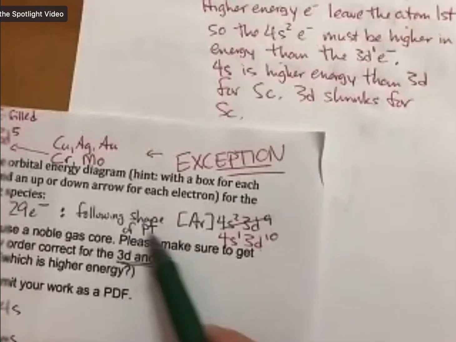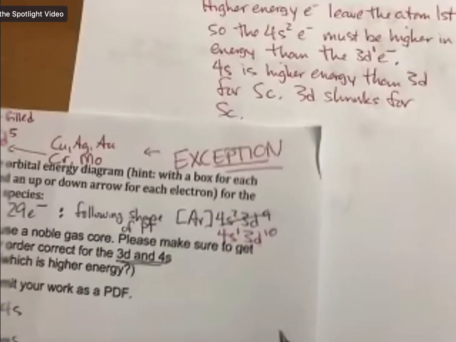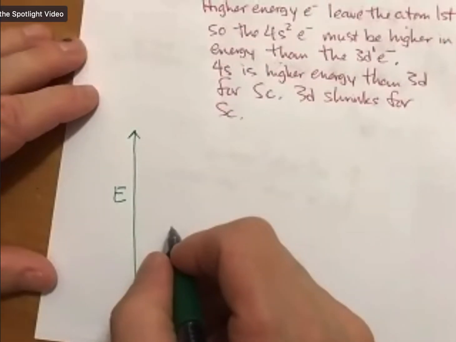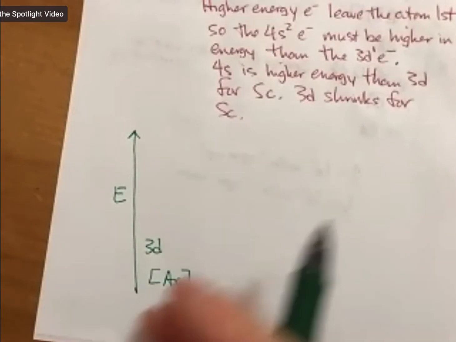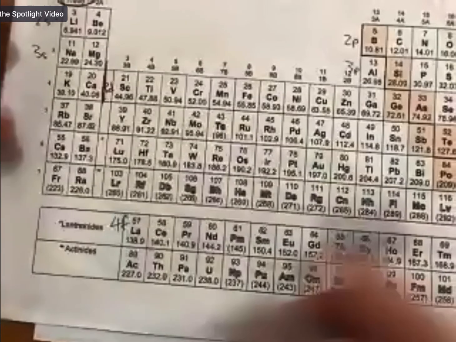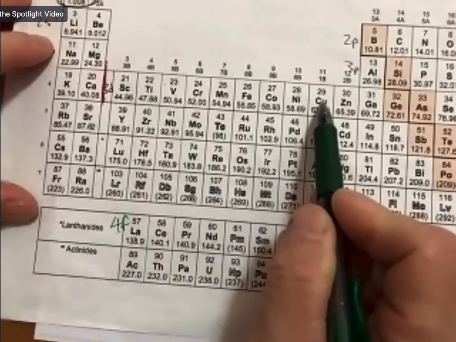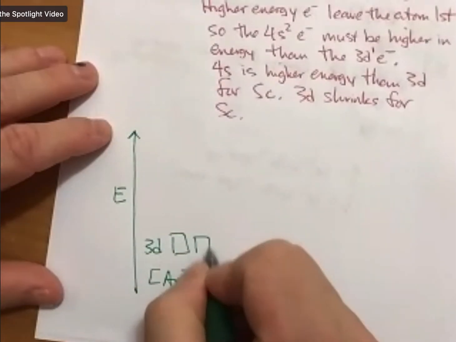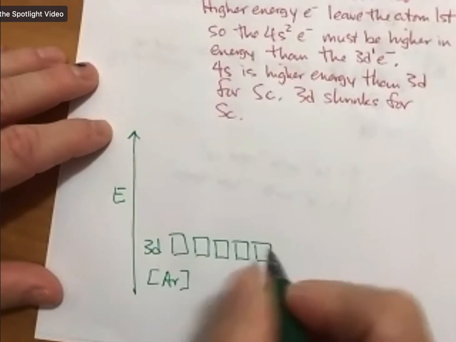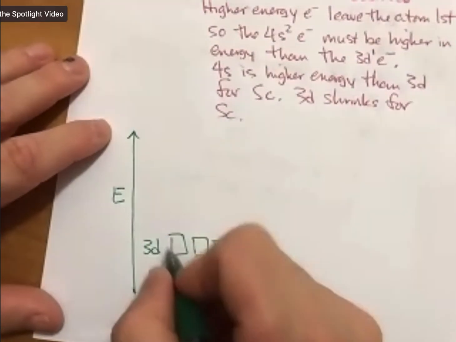Then for the copper atom, there's 4s1 and 3d10. And what I'm saying is, sorry for shuffling the paper so much, but copper is after scandium. Copper has 3d lower in energy than 4s. 3d holds 10 electrons, so that means it has 5 orbitals, and all of them are filled.